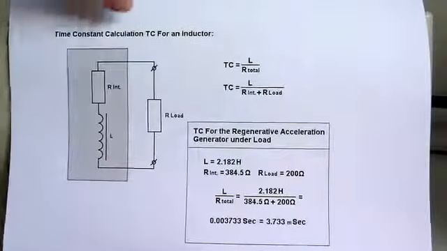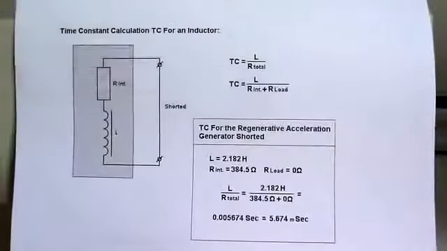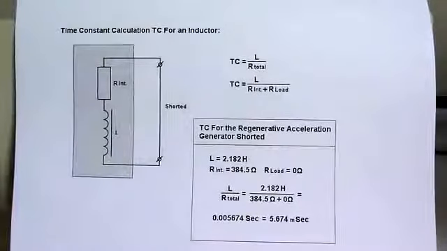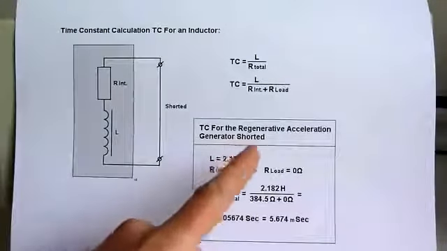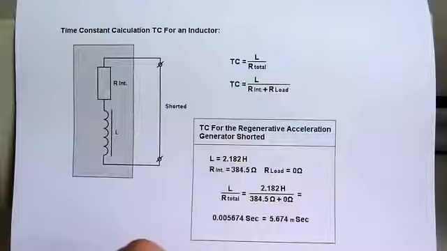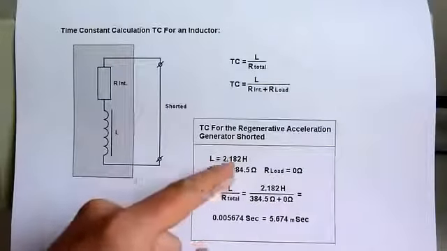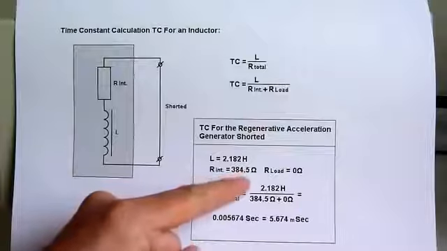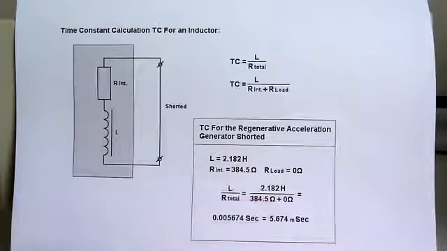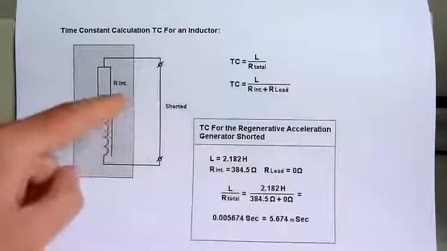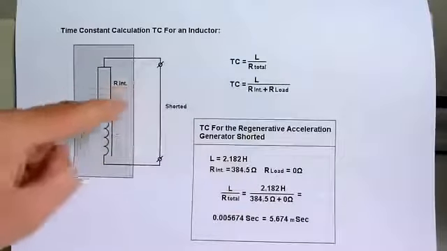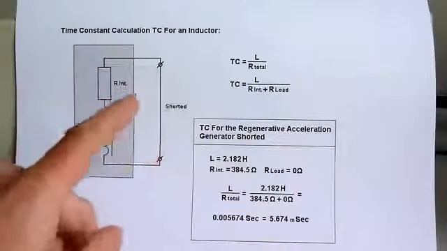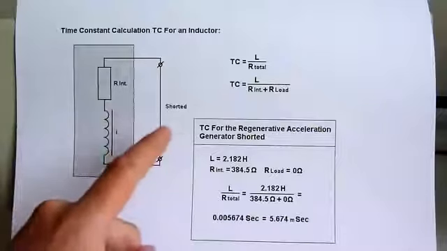One more thing: I have also done the same calculation for the regenerative acceleration generator, also at 2.182 henries and 384.5 ohms of internal resistance, but now in case of a short circuit.